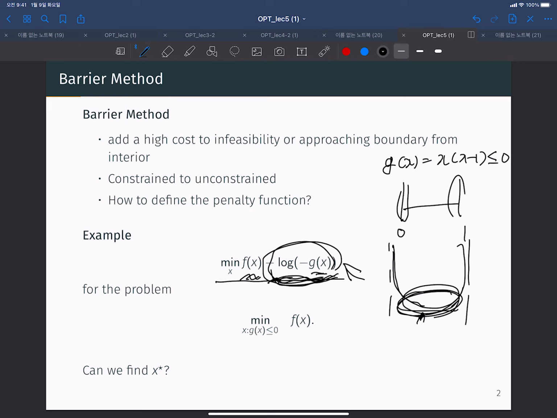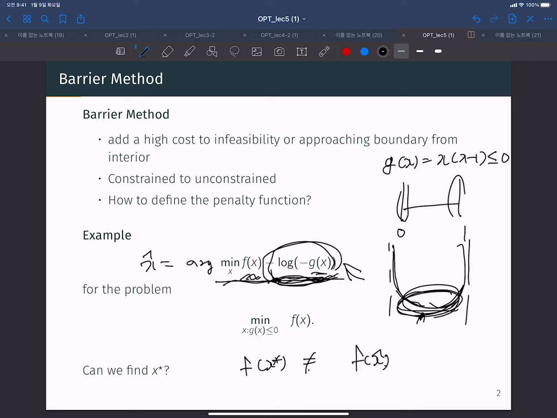Otherwise, the additional barrier function will perturb the original solution because this shape will affect the optimization process. So in the end, f(x star) is not equal to f(x hat), where x hat is the argmin of this.